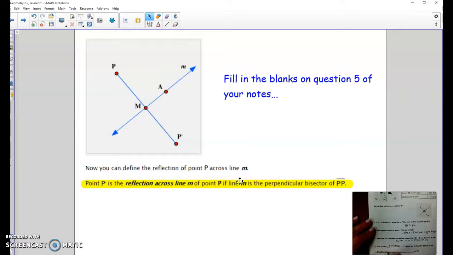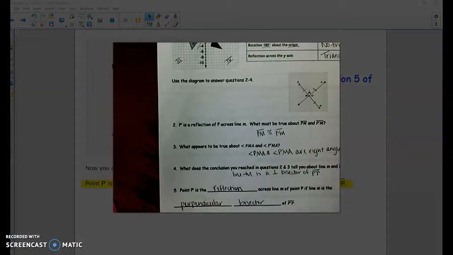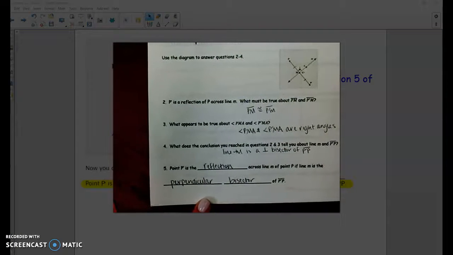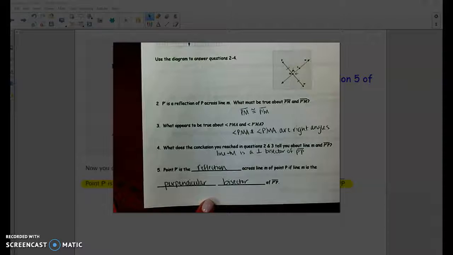That goes in your second and third blanks. So on your notes, you should have point P prime is the reflection across line M of point P if line M is the perpendicular bisector of segment P prime P.